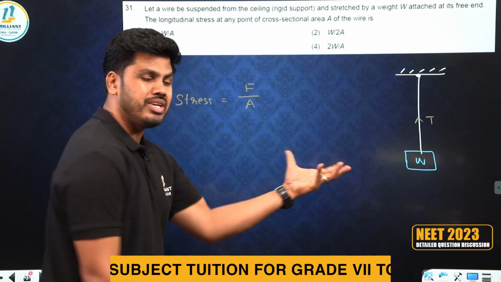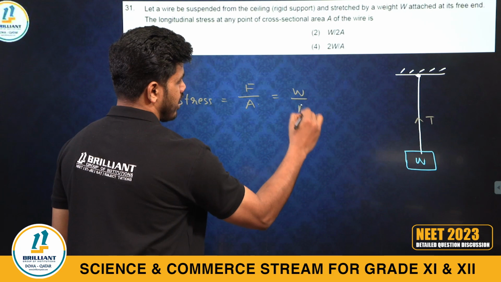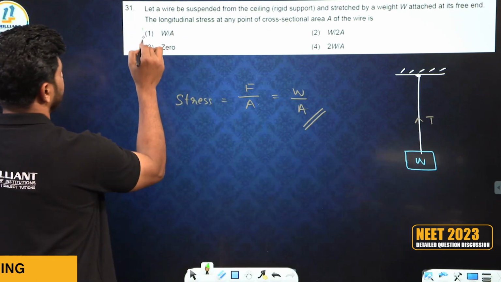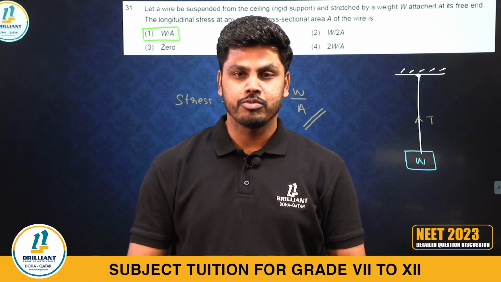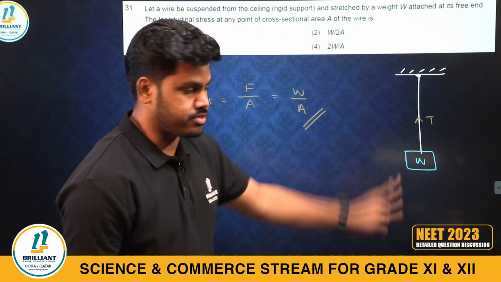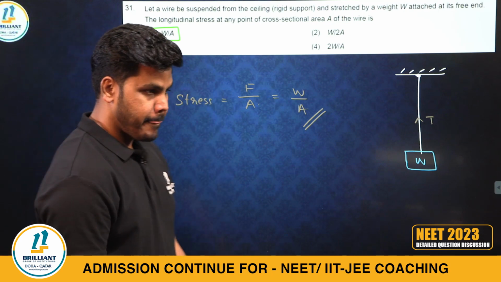And what is the force acting? Force is the weight suspended divided by cross-sectional area, right? So the stress is going to be W by A. Option number 1. How simple the question is. Directly a conceptual one, right? A simple concept. Fine. Question number 31, option A is the correct answer.